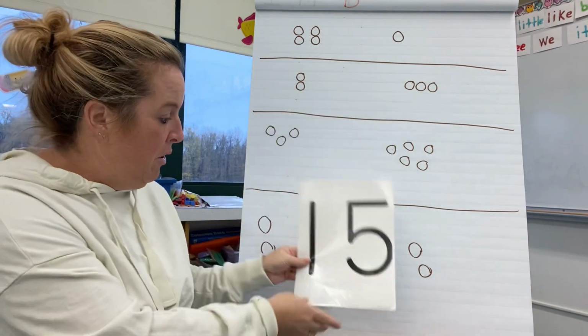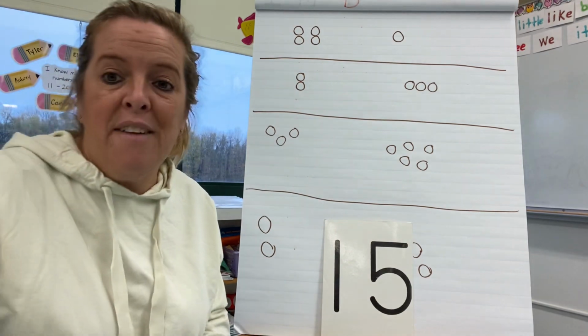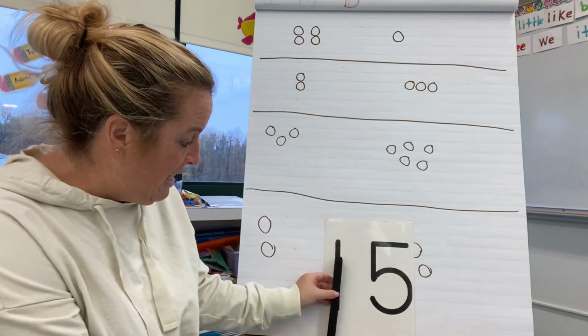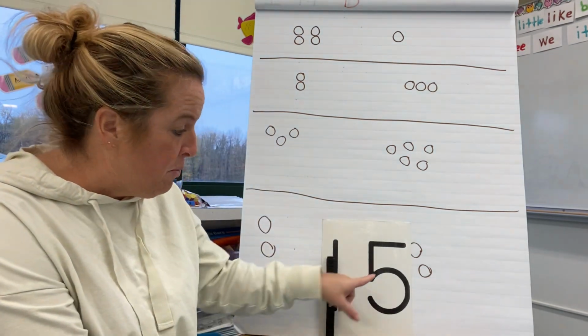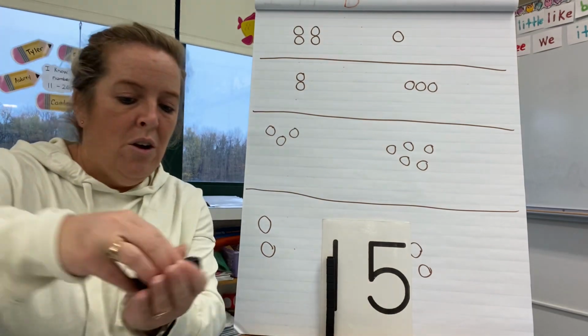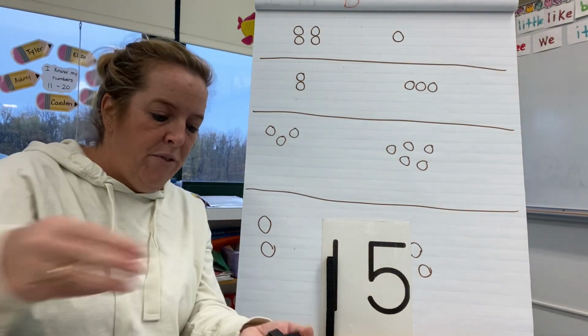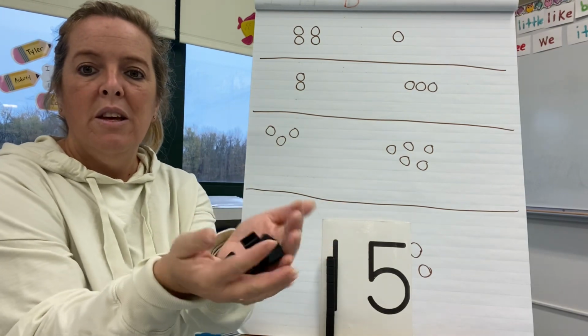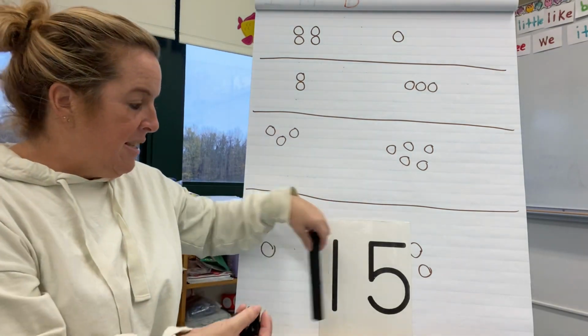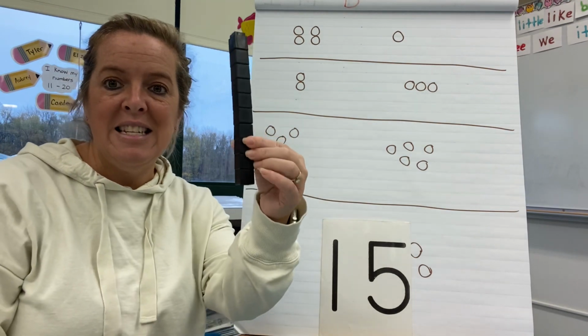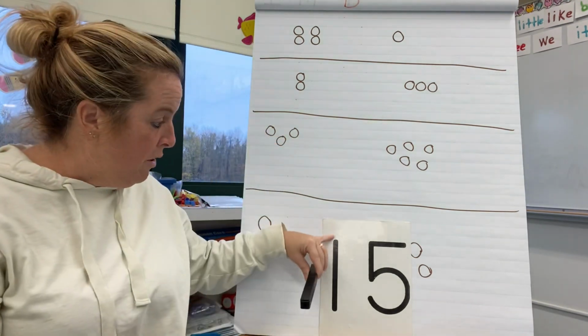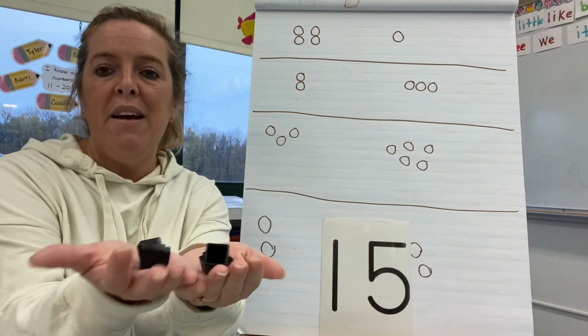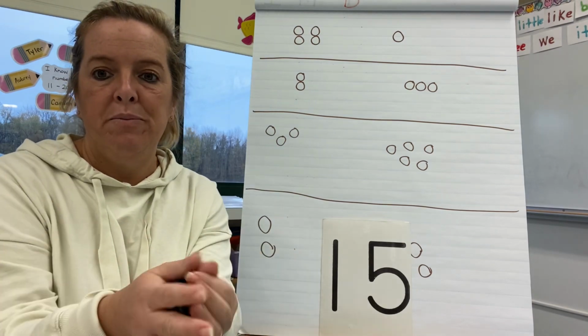In this number, they're saying, I've already got a 10, there's my 10, and then for this one, there would have to be 1, 2, 3, 4, and 5 more. See these cubes? This is saying this number 15 is a 10. We have one group of 10, and then we have 5 little ones.